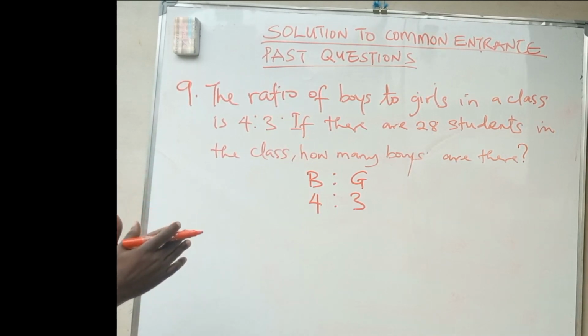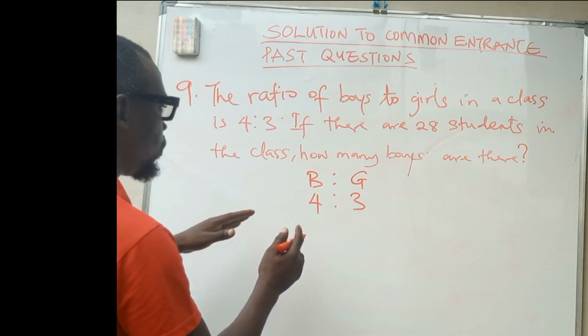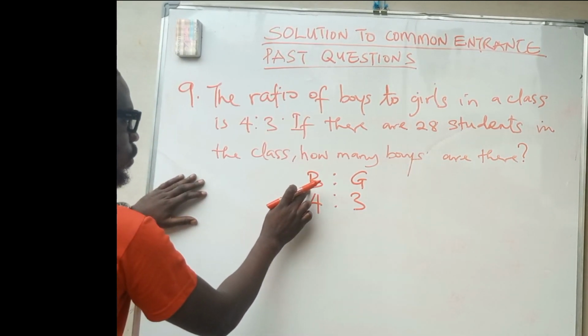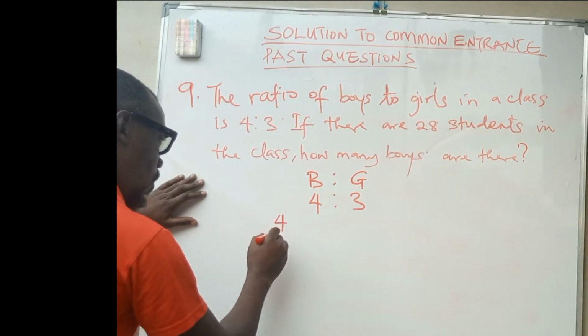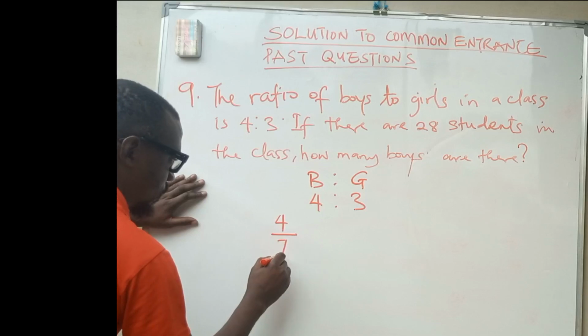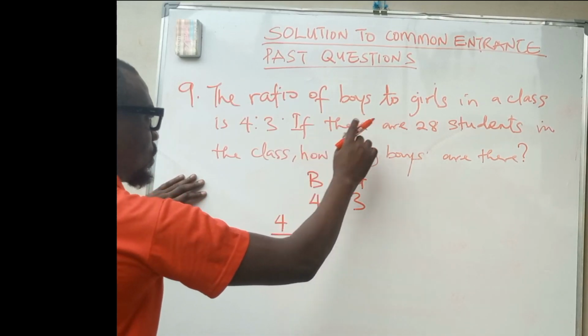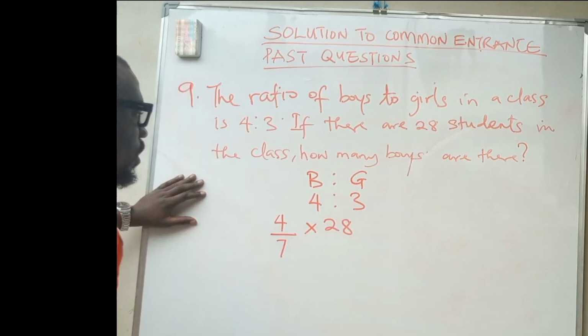When you are faced with this particular question, if you want to get the value of boys, you will say 4 over the addition of the 2, which is 7. Then multiply by 28 students.